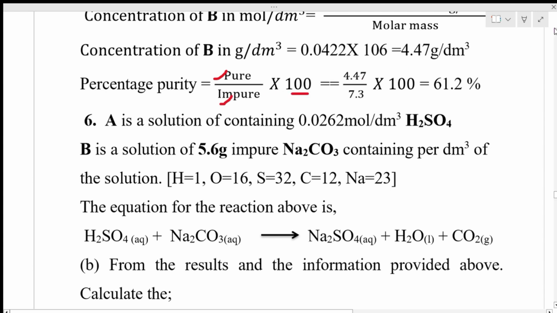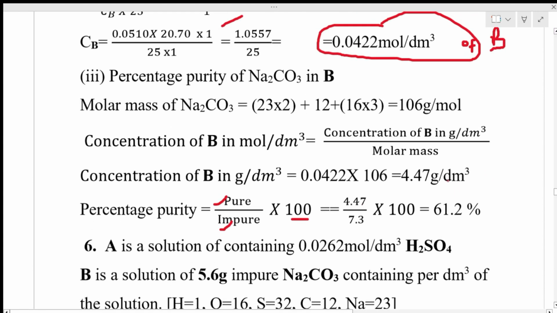Now look at the method: your pure in gram per dm³ divided by your impure in gram per dm³ times 100. That's a method you can use. But now you have your pure as mole per dm³, so I'm going to convert it.